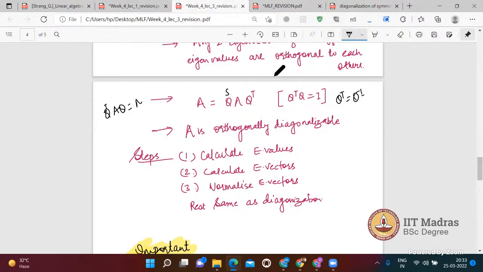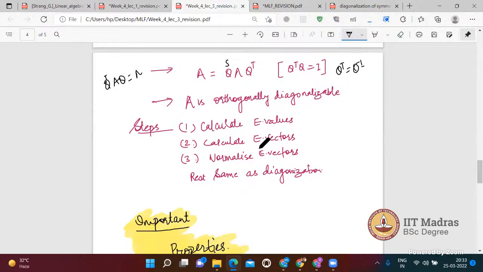The procedure is the same here also: calculate the eigenvalues and the eigenvectors. One important thing is that you have to normalize the eigenvectors so that the magnitude is 1. The rest everything is the same as for the earlier cases.